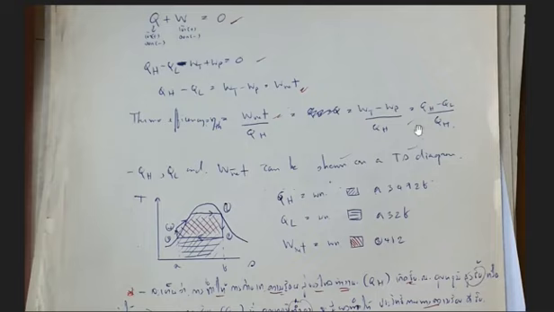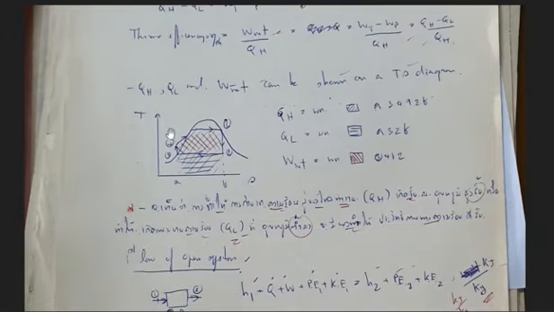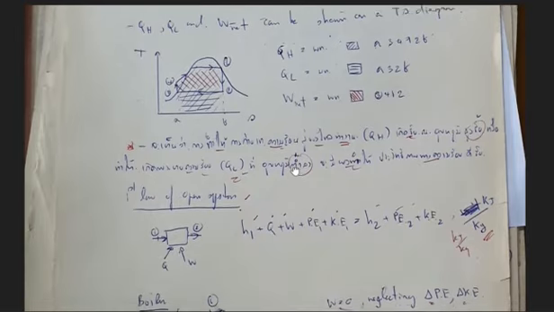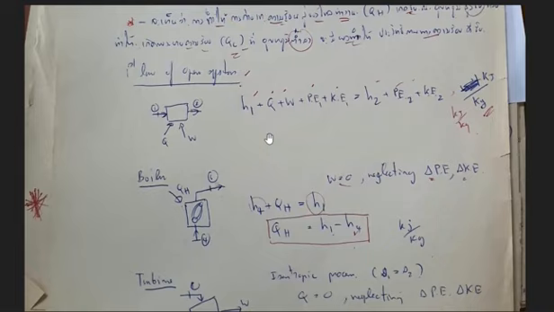Or we can write it in the heat form: it would be equal to QH minus QL divided by QH. And this graph just shows the areas of QH, QL, and work net.